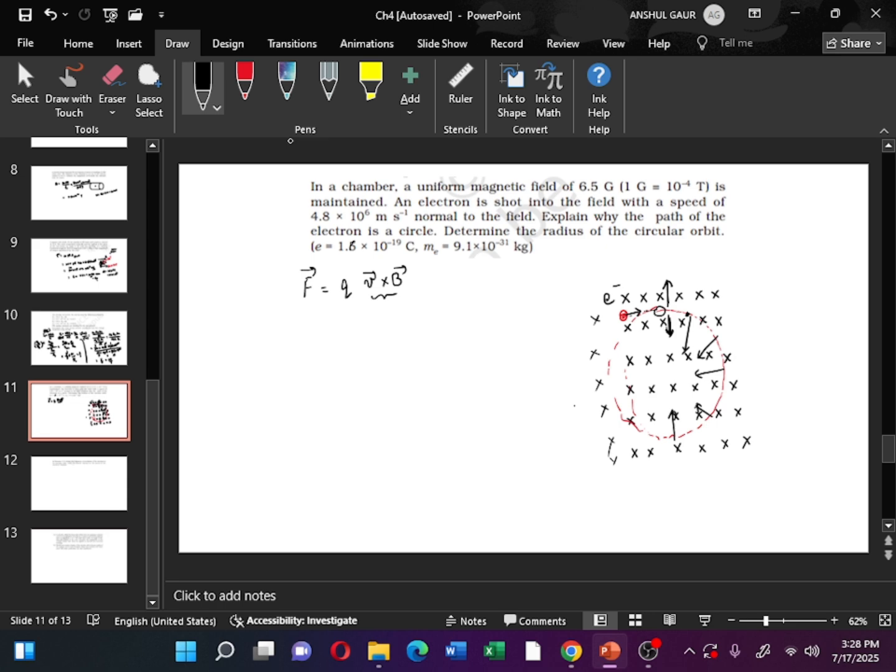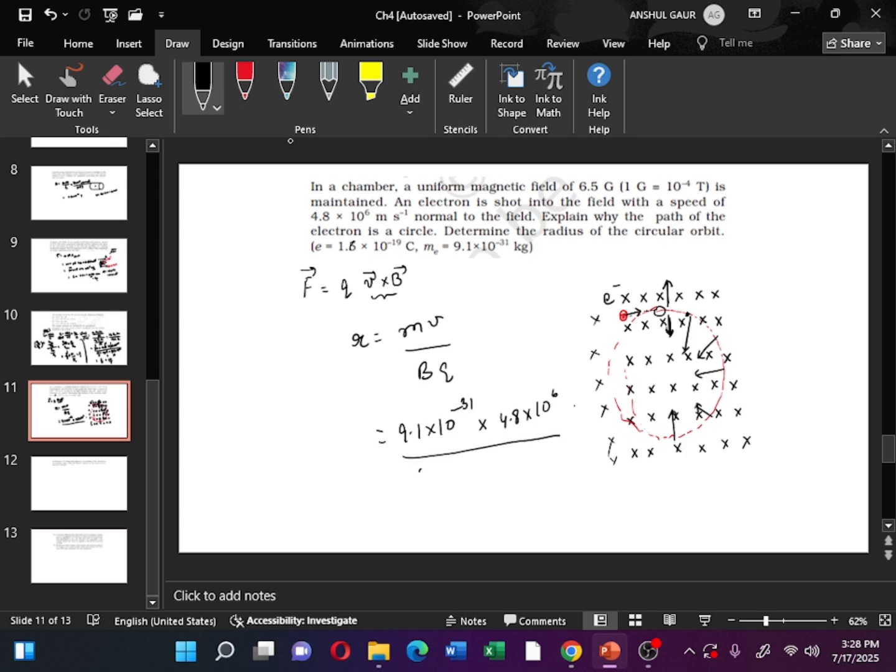Now the radius r is given by the formula r equals mv upon Bq, where m is the mass of the electron, which is 9.1 into 10 to the power minus 31. v is the speed, 4.8 into 10 to the power 6 meter per second, given in this problem.